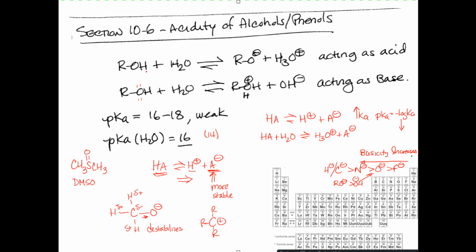So you can deprotonate an alcohol, which we'll talk about in a moment, but predominantly these two reactions really don't occur to any great extent in water. But we can protonate an alcohol to make the oxonium ion, and we can deprotonate an alcohol to make the alkoxide.